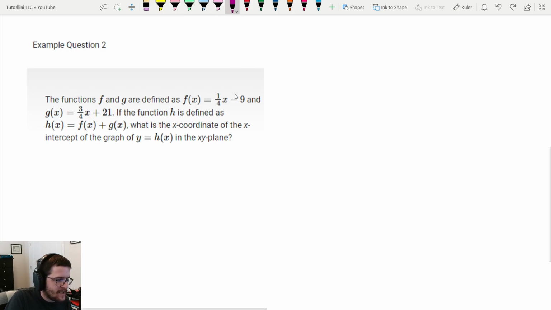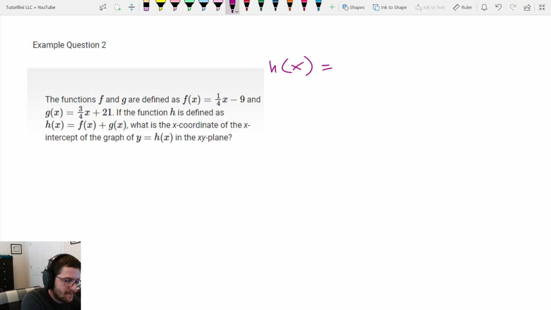So I actually think Desmos makes this one a heck of a lot easier, but why don't we do it by hand first, just for the sake of it. So h of x is equal to f of x plus g of x.